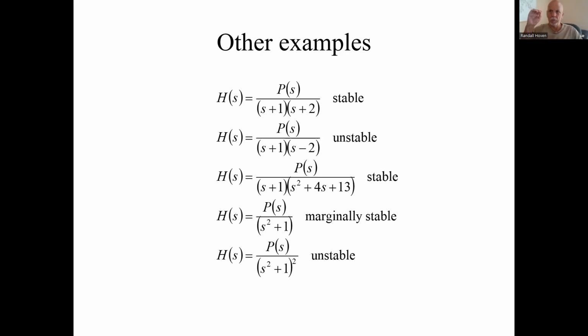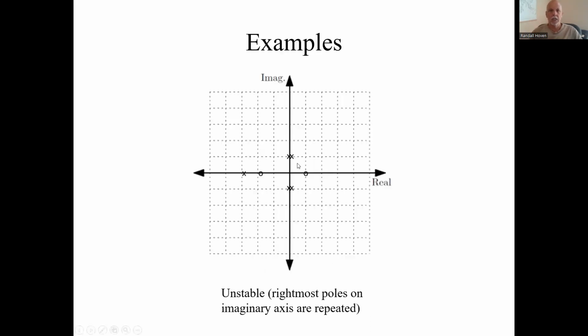And by the way, they have to be at the same location. If they weren't repeated here, but you had another complex pole up here and down there, that's okay. That would be marginally stable. What makes it unstable is poles at exactly the same location on the imaginary axis.